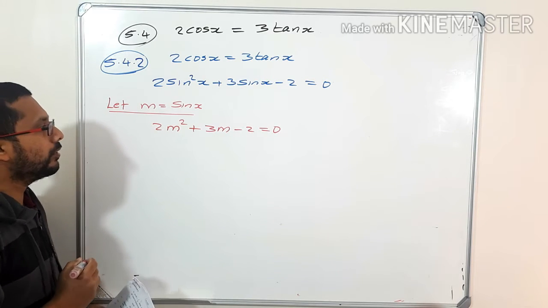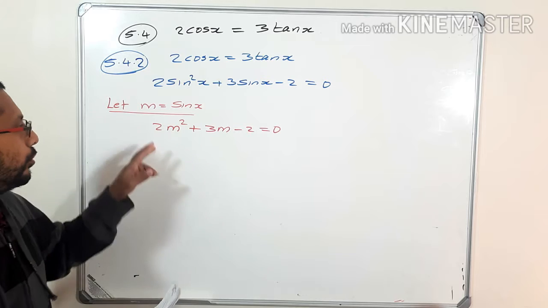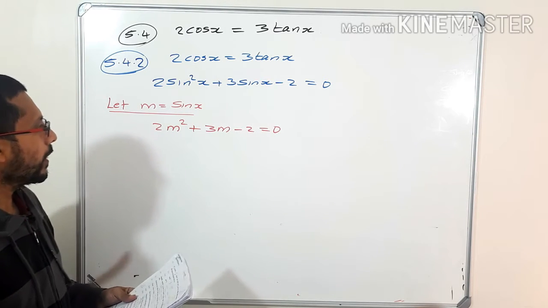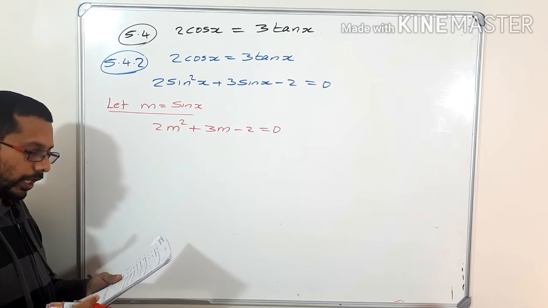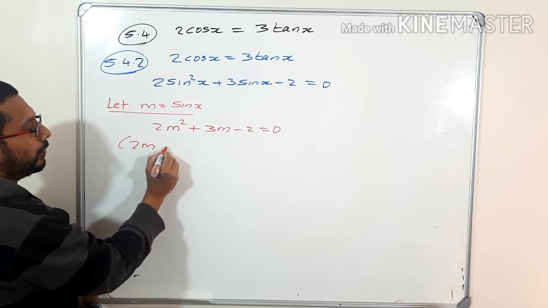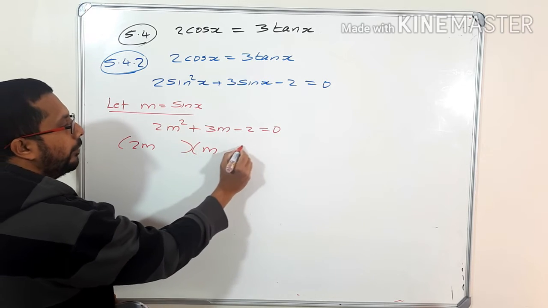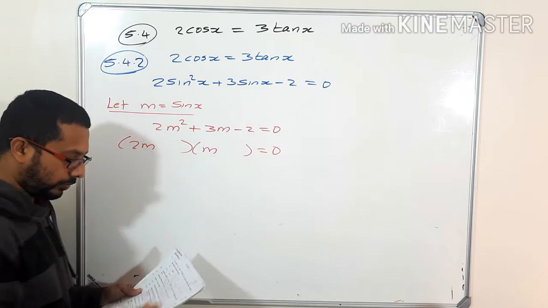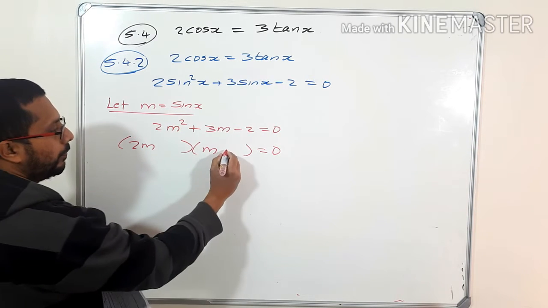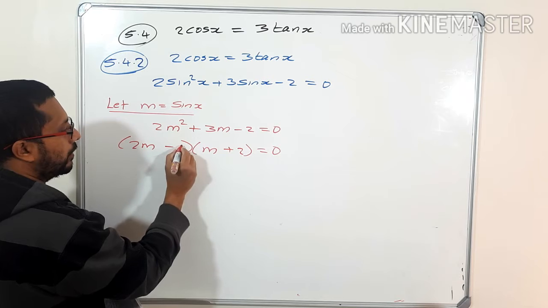So we have got a quadratic equation now: 2m squared plus 3m minus 2 is equal to 0. Now we have to factorize this one. So what are the factors? Plus 2, minus 1.